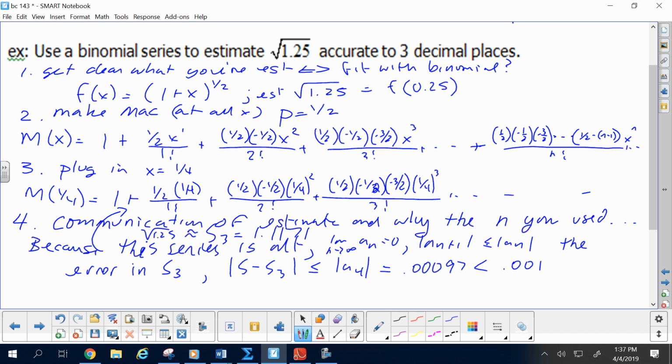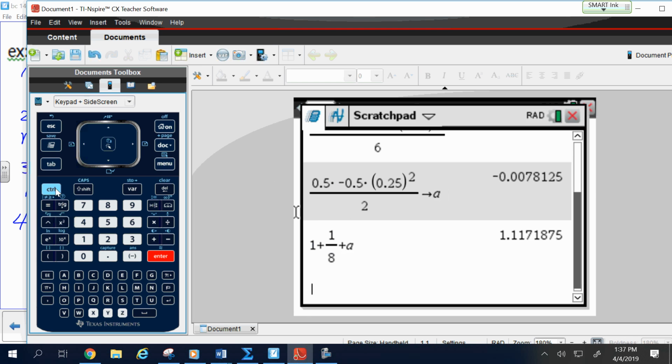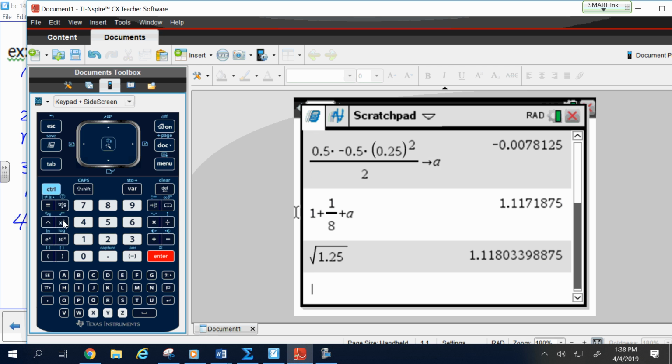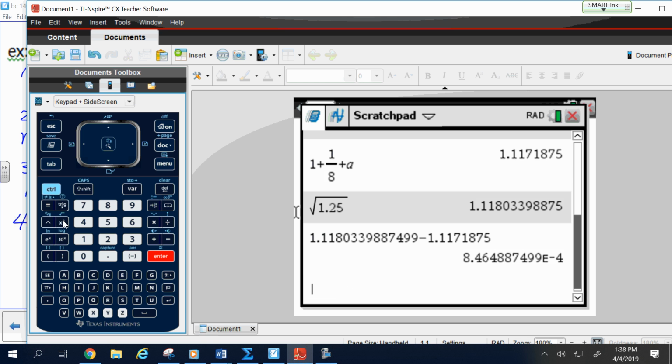With me? Now, if you were to throw that in your calculator, what is the square root of 1.25? Okay, now that feels like not accurate to 3. And that's why I changed it. I think that's why I didn't like this wording. This actually is accurate to answer your question. It's accurate to less than 1,000th, because if you take that minus our answer, it is 8.4648, which is to say less than 1,000.